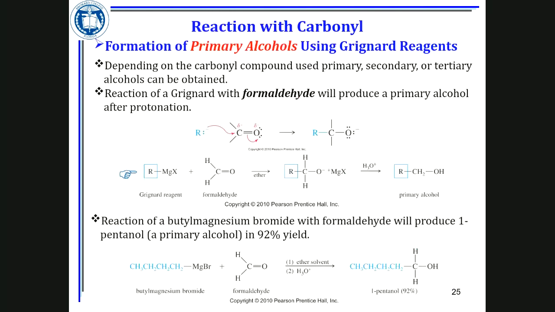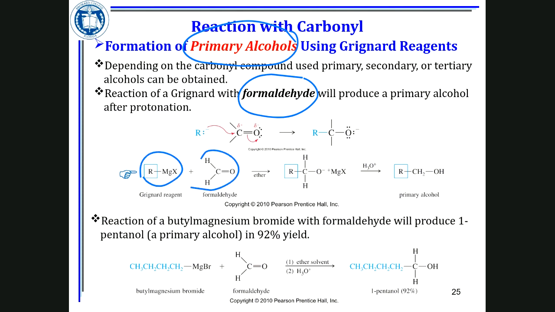Okay, so probably the next few slides just talk about everything that we already know and talked about. If you want to get the primary alcohol, you are going to use formaldehyde. For primary alcohol, it would be reaction of Grignard with formaldehyde, and if you compare the reactant to the product, Grignard is going to be your reagent, let's say.